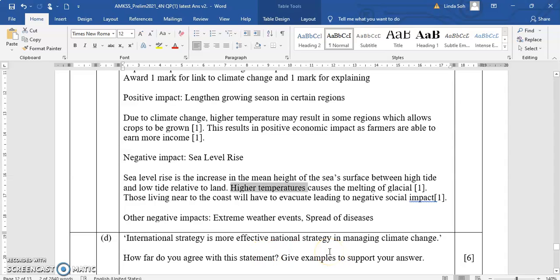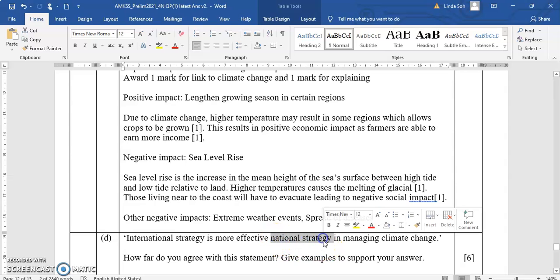Then D, international strategy is more effective than national strategy in managing climate change. Of course, we need to compare between international strategy and national strategy. For international strategy, you only know one, which is the Kyoto Protocol. You can talk about the advantages and disadvantages of international strategy. It would be good if you can give 3 advantages and 3 disadvantages, if not, minimum 2 advantages and 2 disadvantages.